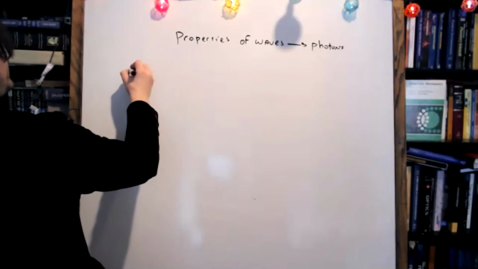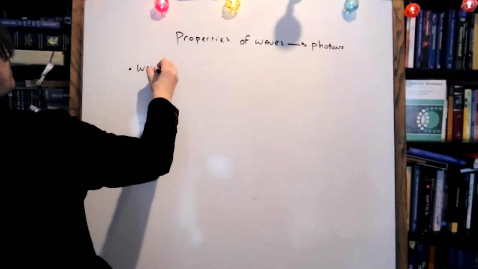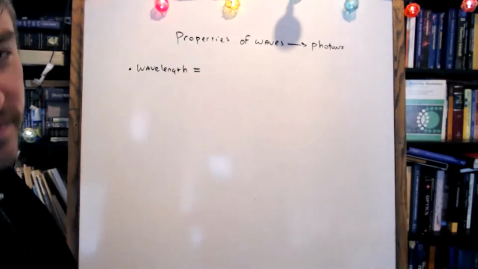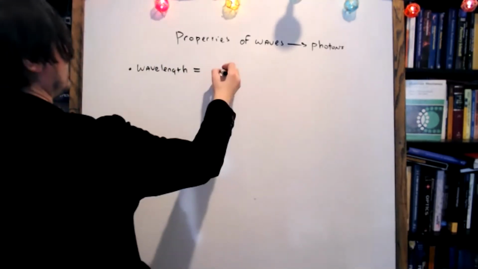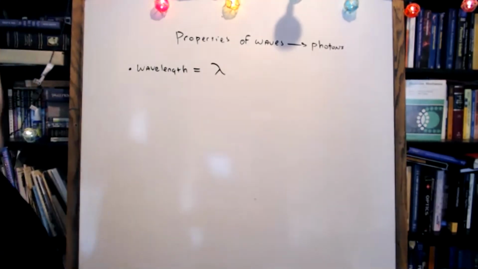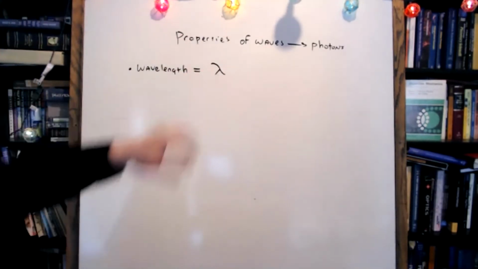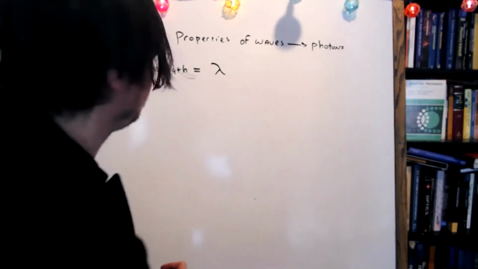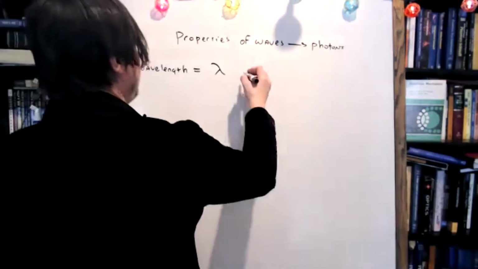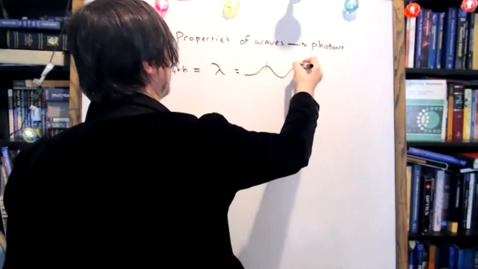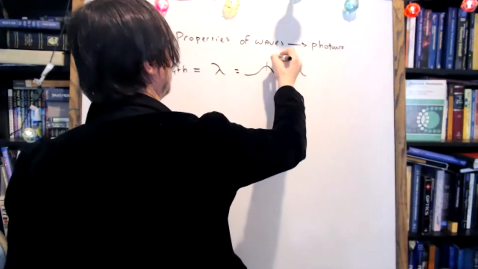Our first property is called wavelength. We're going to use a very specific symbol for that wavelength. It's the Greek letter lambda. Looks kind of like an X that's missing an arm or an upside down Y, however you want to do it. Okay, and wavelength, of course, is the physical distance from crest to crest of your wave.